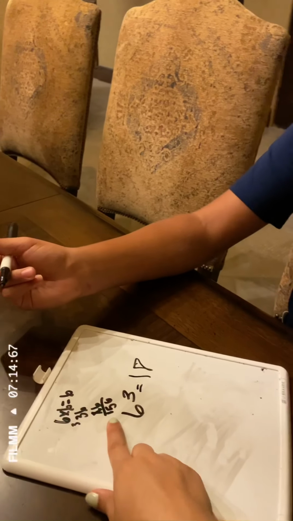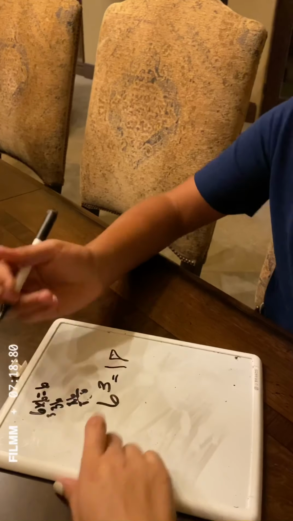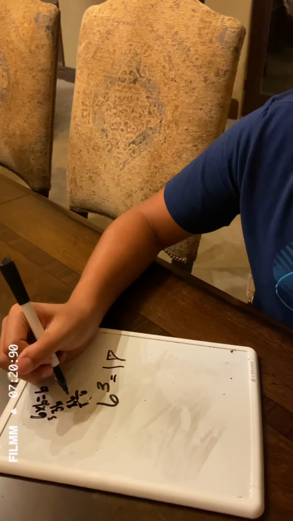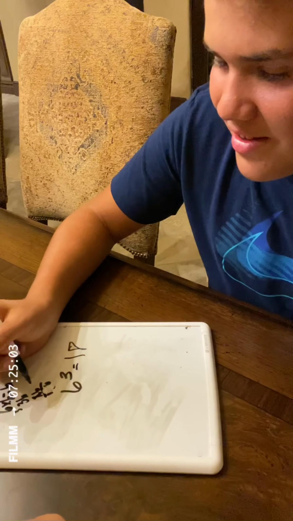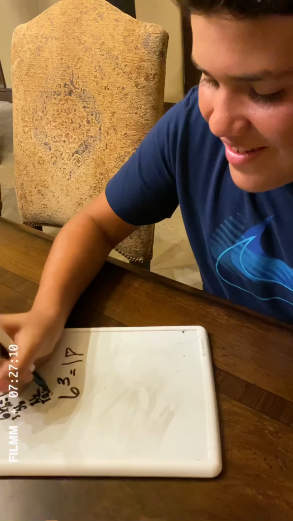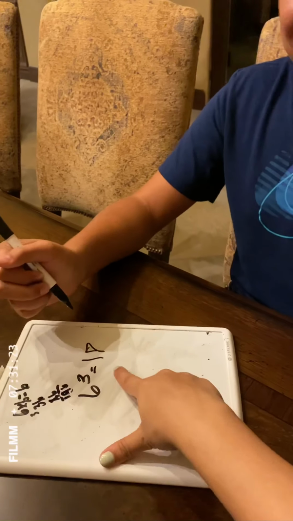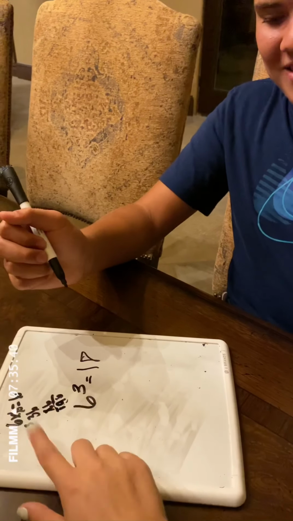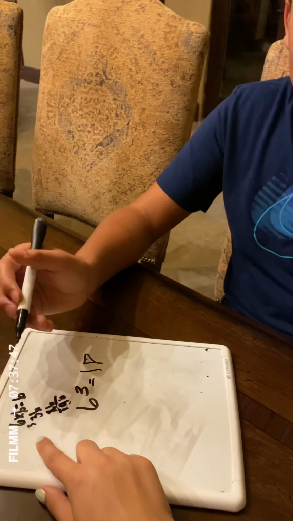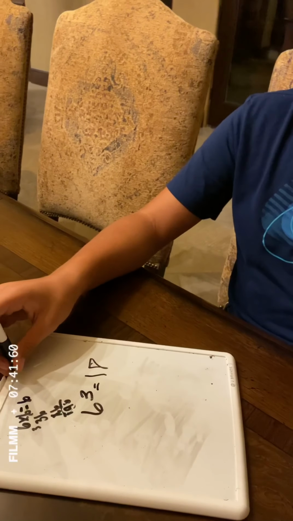So our answer is actually 216. Is that number anything close to the original number we had? So that's why it's important that we understand that when we're dealing with exponents, this is the way we would write out the problem. We're not just multiplying the base number by the exponent number.